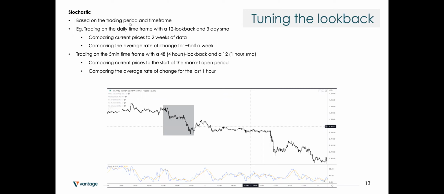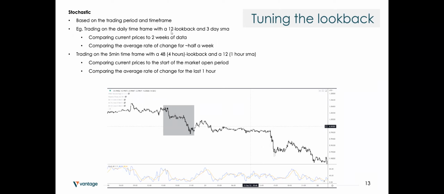Okay. So based on your trading period and time frame, when you talk about your default values of stochastics, most people will use a 12-day look back on a daily time frame, and a 3-day SMA. And why is that so?